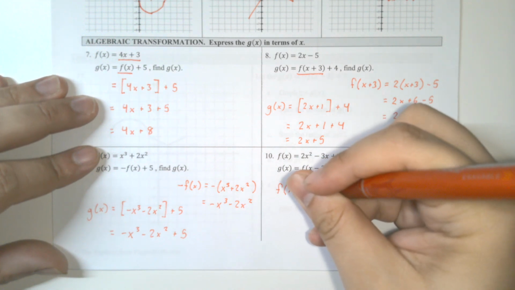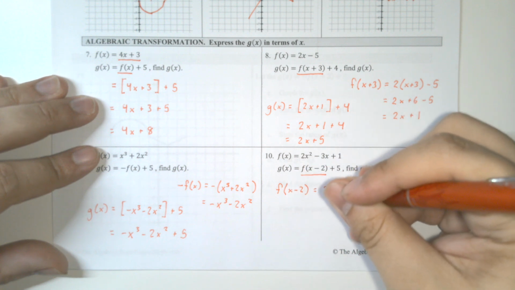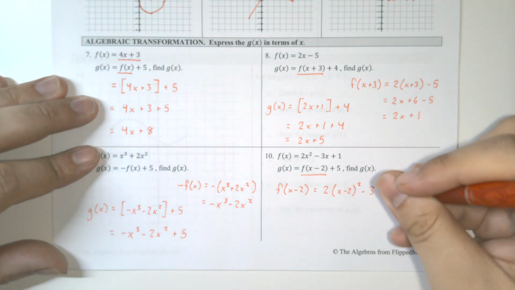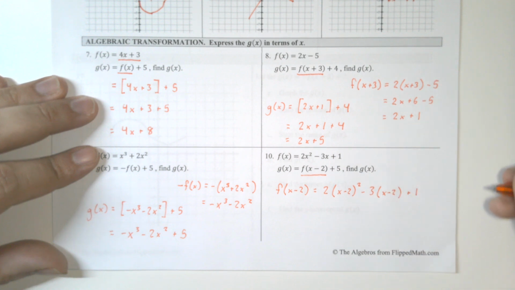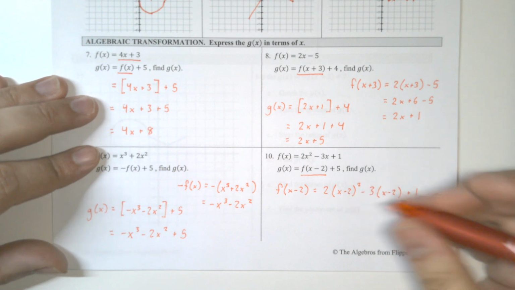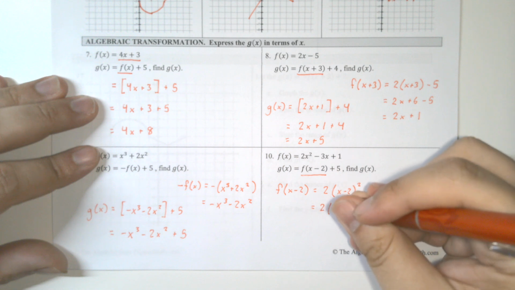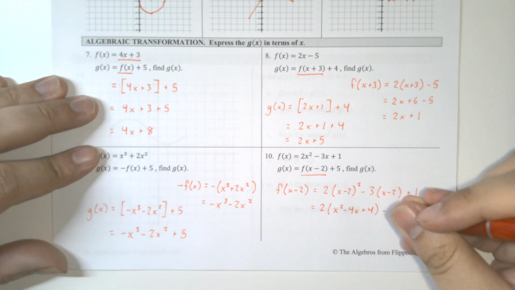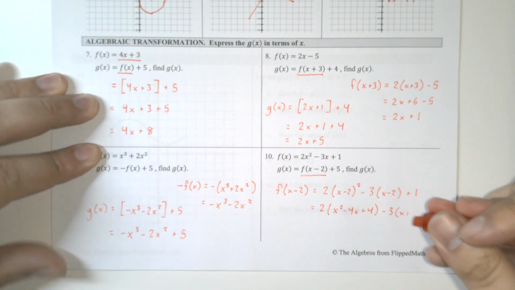So f of x minus 2 is going to be equal to 2 times x minus 2 squared minus 3 times x minus 2 plus 1. And now we have to square x minus 2. X minus 2 squared is going to be x squared minus 4x plus 4. Then we have minus 3 times x minus 2.